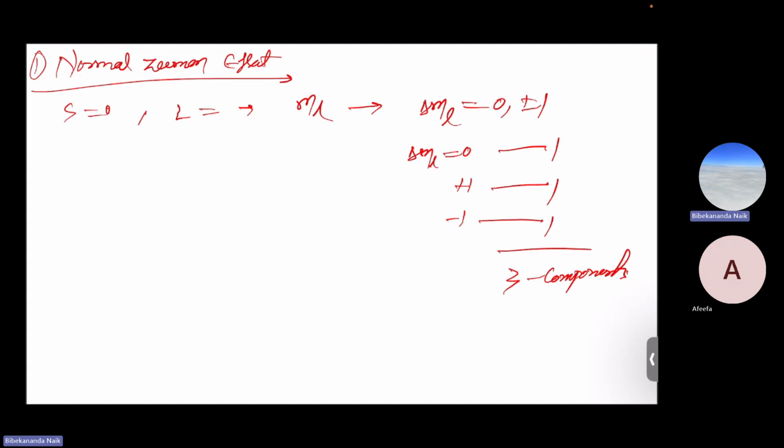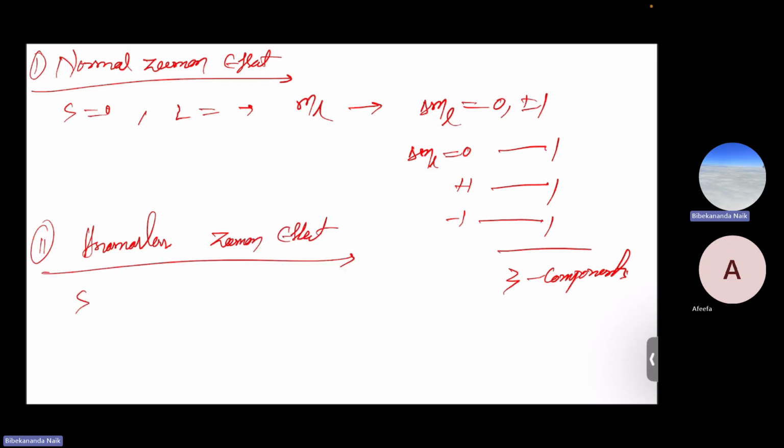Then there was the concept of the anomalous Zeeman effect. Here S is not equal to 0, so J has more significance.